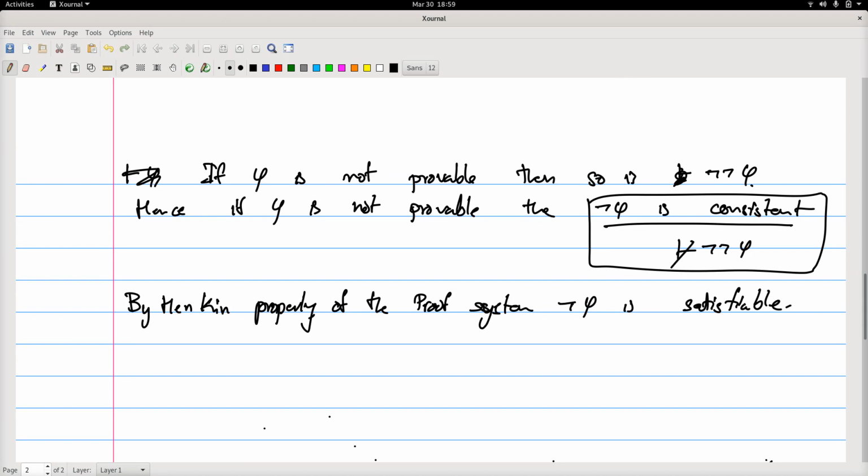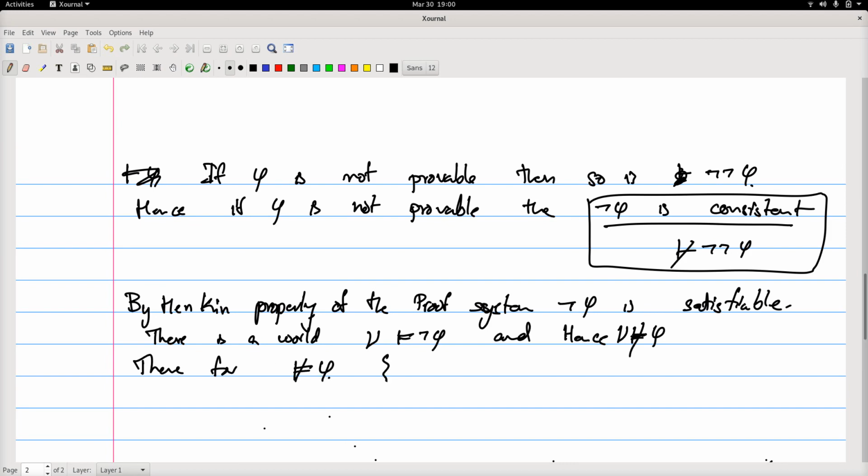Okay, what does it mean to say that not phi is satisfiable? There is a world where not phi is true, and hence in this world phi is not true. Therefore it is not the case that phi is valid. Why is phi not valid?